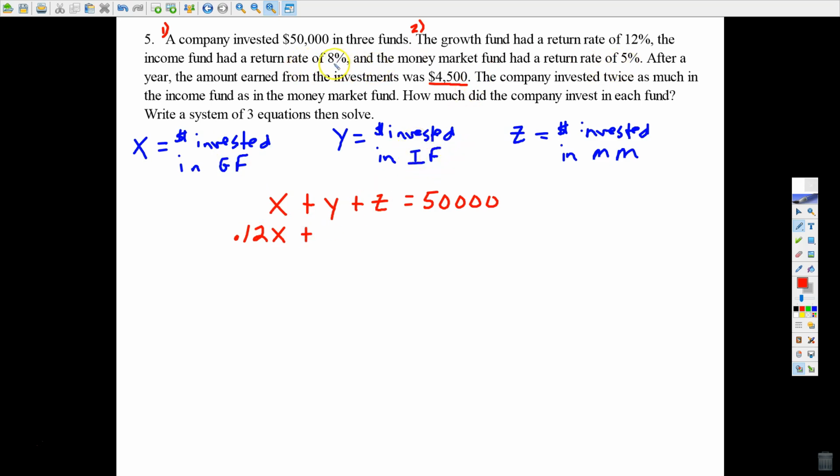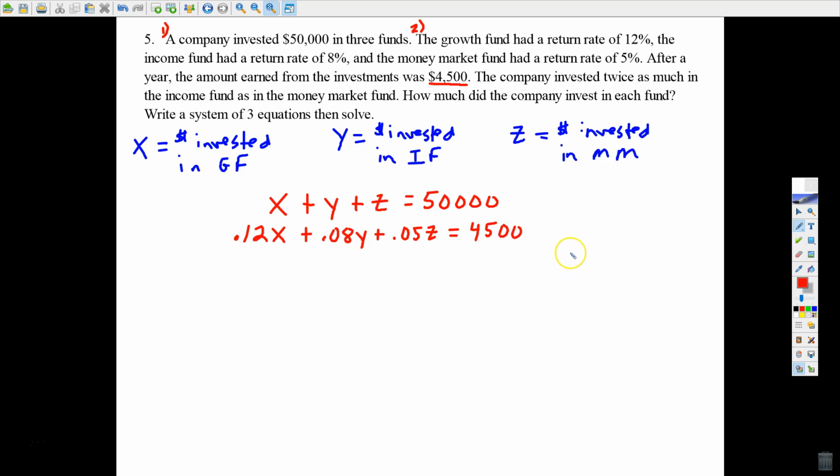I'm told that I earned 8%, that's 0.08 as a decimal. And then I do the same thing for the money market fund. I earned 5%, 0.05. And the total of those interest earnings should be $4,500, according to the problem.